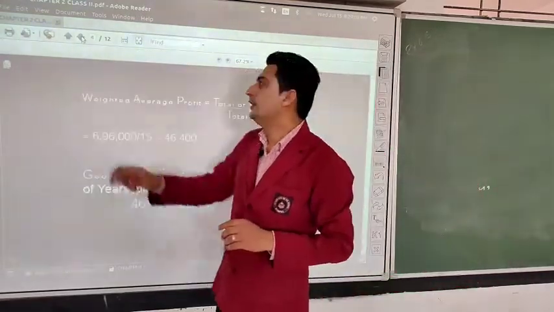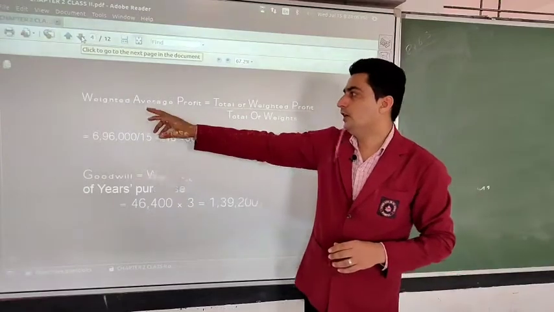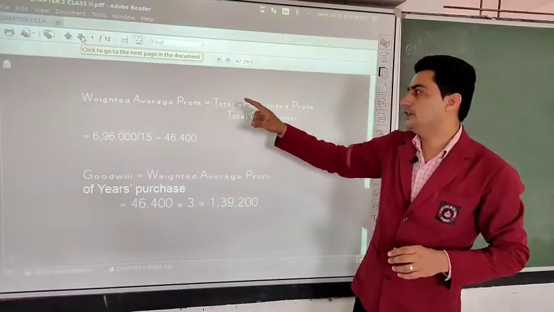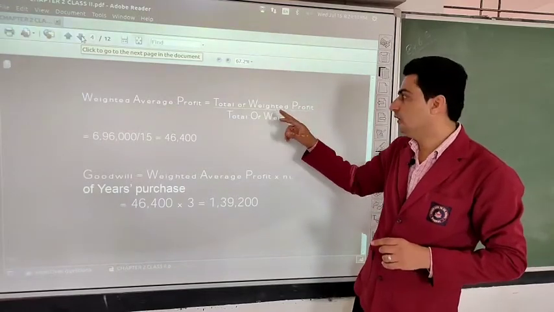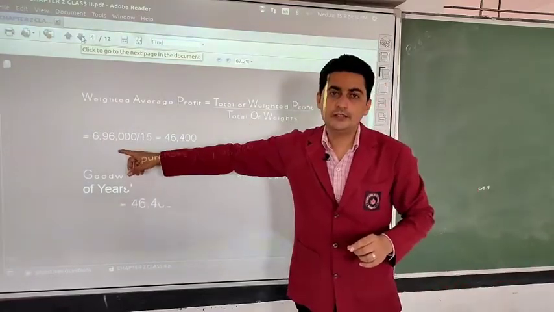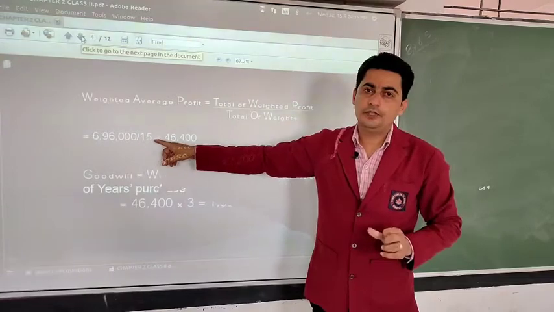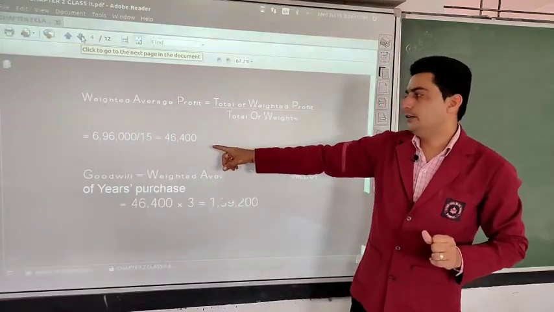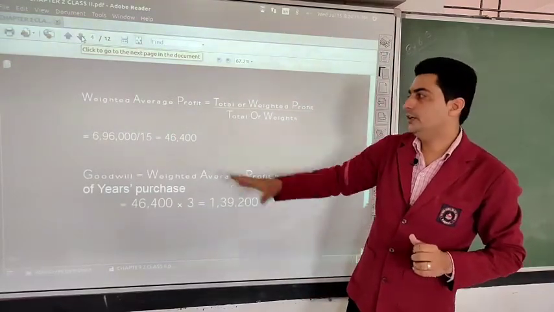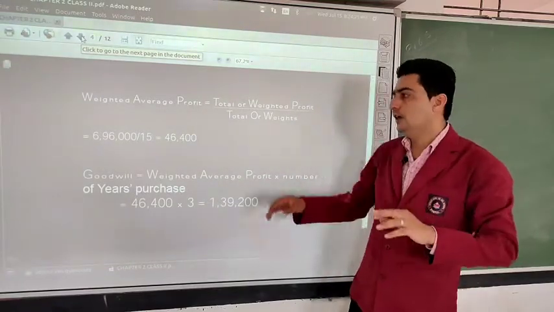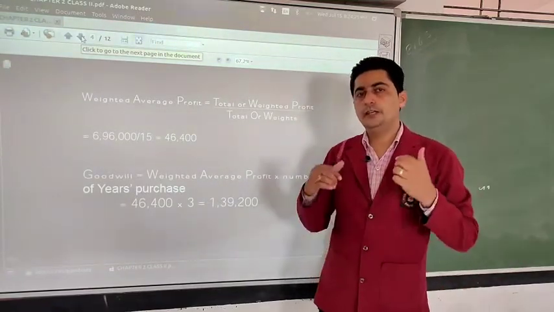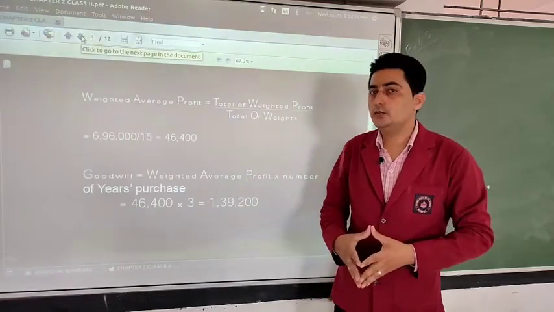Now let us calculate the goodwill. So the formula is weightage average profit is equal to total of weightage profit divided by total weights. Total of weightage profit was 6,96,000, total weight was 15. If you divide it, you will get 46,400. It will be weighted average profit. Now after getting weightage average profit, you will multiply it with the number of purchase years to get your goodwill.